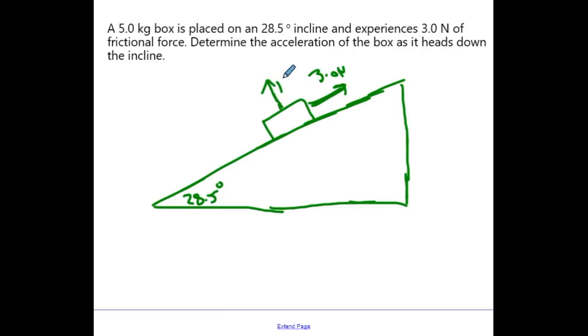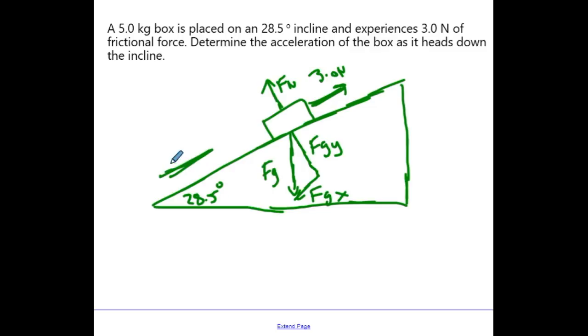We know that there is a normal force right here. And we also know that there is gravity pulling down. Now, I should really write gravity on the other side here, because I want to set a good standard. If you tilt your head to the side again, what we really have to calculate is the force of gravity in the y direction and the force of gravity in the x direction.